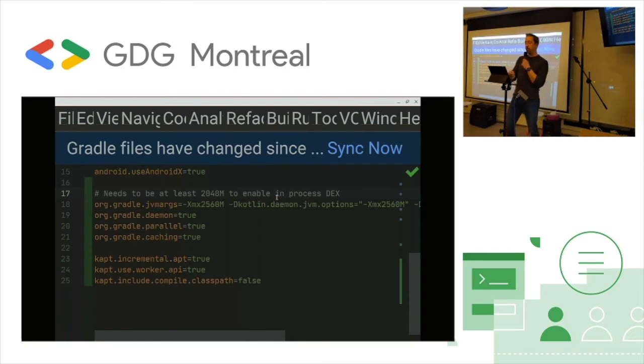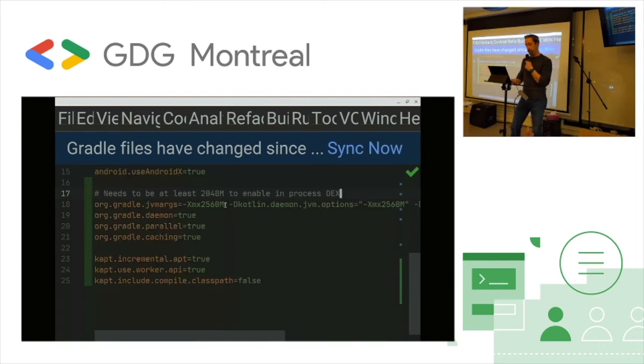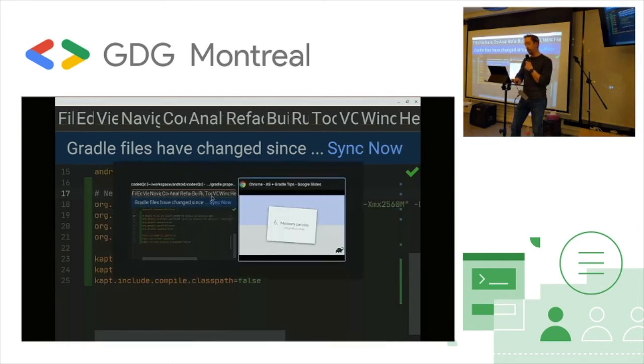If you put at least 2 gig, the same JVM is going to do the dexing also. So basically, you skip creating a new process. The rest is just file encoding and stuff like that. So if you put at least 2 gig, it's going to make your build actually a lot faster.